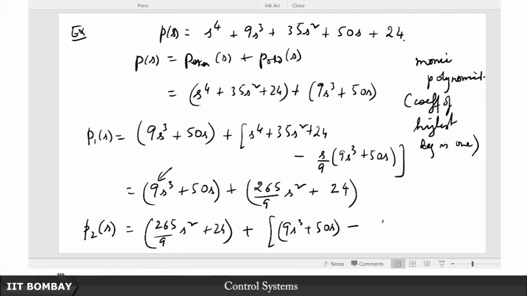I need to multiply this by 9 over 265, so this 9 over 265 will cancel out this 265 by 9. It will be a nasty calculation, as I can see already.